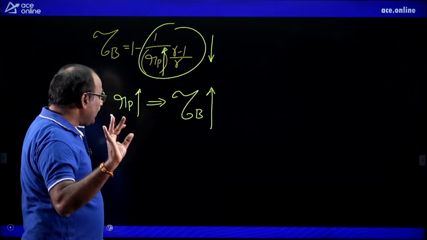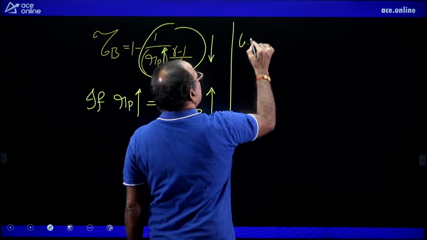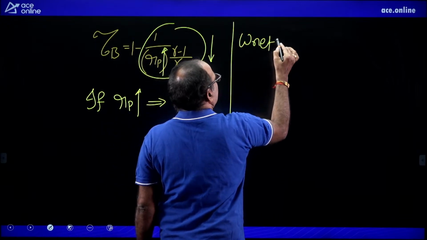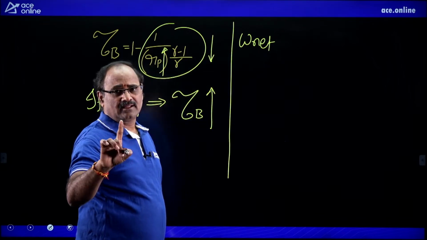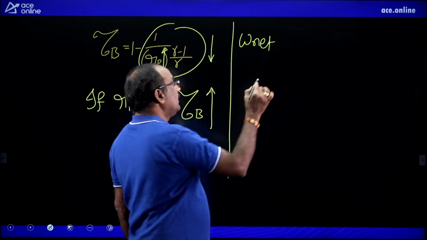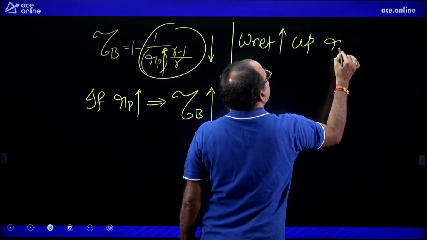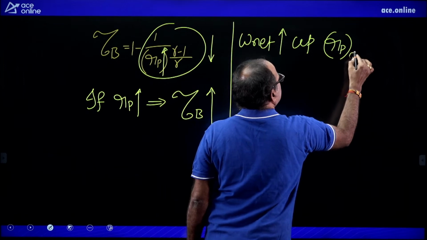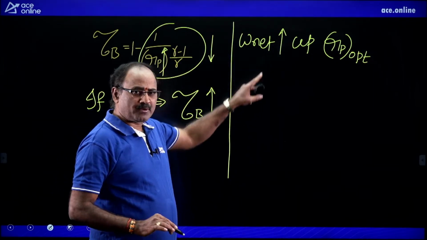But the thing is, dear friends, remember, what about the network output? The network output is increasing up to the optimum pressure ratio. Up to the optimum pressure ratio, the network output increases.